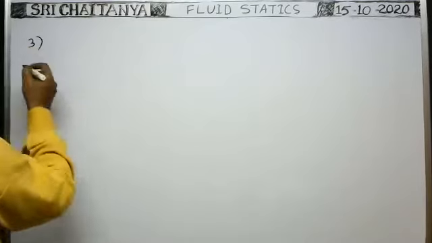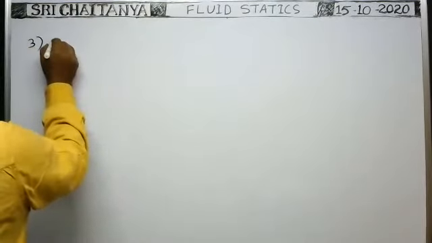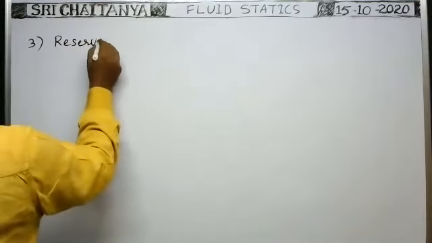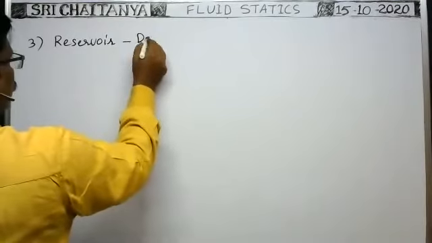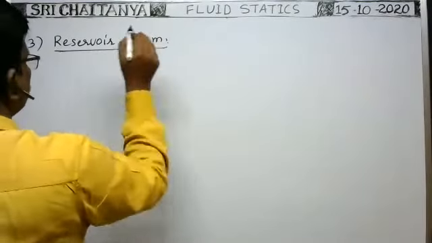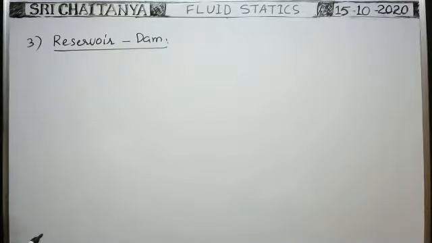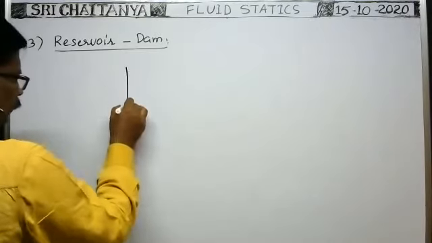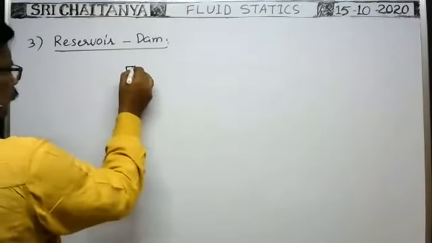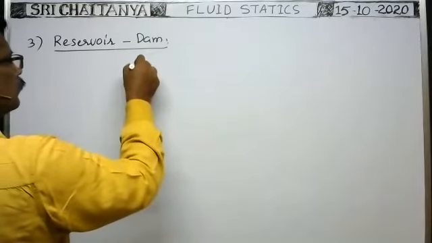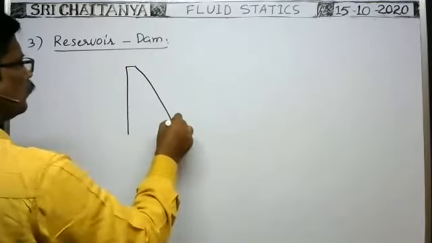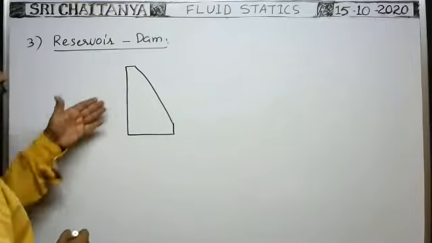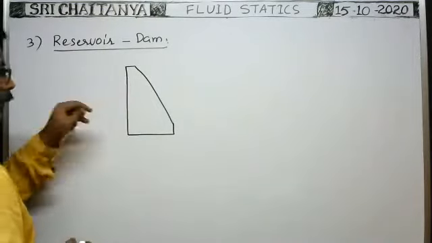Okay. Next. Reservoir dam. Suppose here there is a dam like this, and the gates are arranged here.